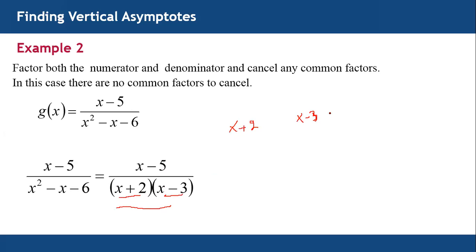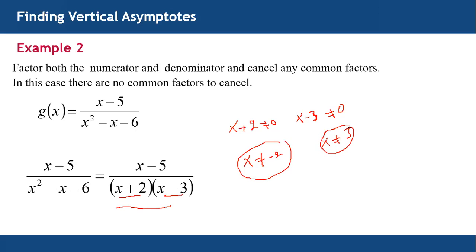So we put x plus 2 not equal to 0 and x minus 3 not equal to 0, because if either equals 0, the function is undefined. So x is not equal to minus 2 and x is not equal to plus 3.